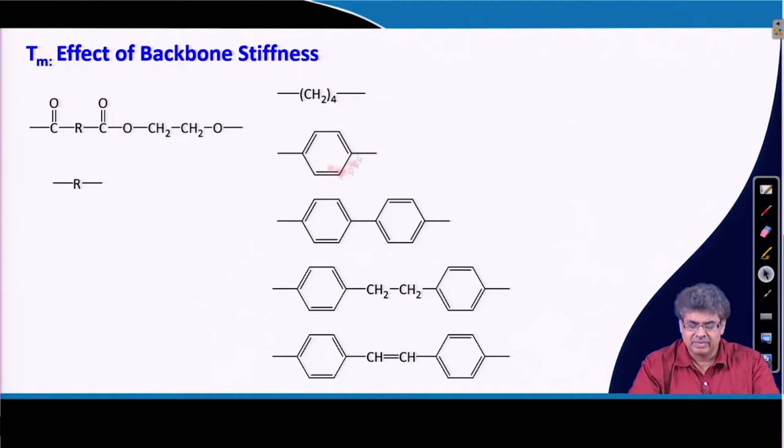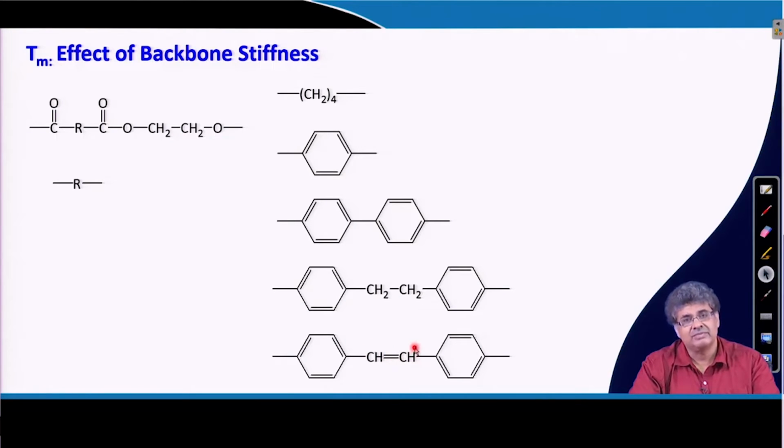Similarly, if we go from this to this, we are increasing the stiffness even higher. So, we should expect that Tm should go even higher, but if we compare this to this, we are introducing much more flexible groups, hence the Tm should come down. But if you go from a single bond to a double bond, then we are introducing more rigidity, more stiffness, because rotation around a single bond is not possible in this case.